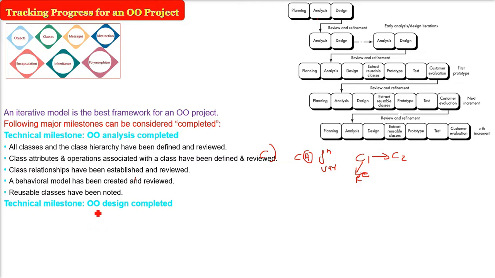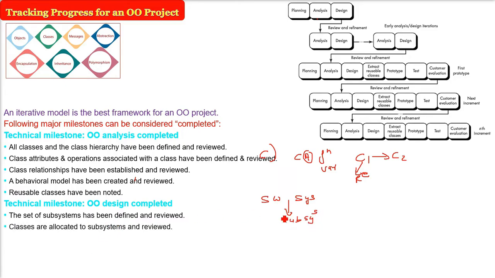The second milestone will be the technical milestone of object-oriented design. Here the whole system will be divided into subsystems, and these subsystems are being reviewed. Then the classes are allocated to these subsystems and also reviewed.